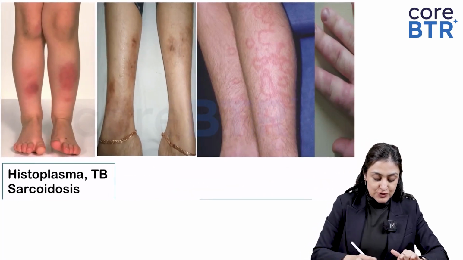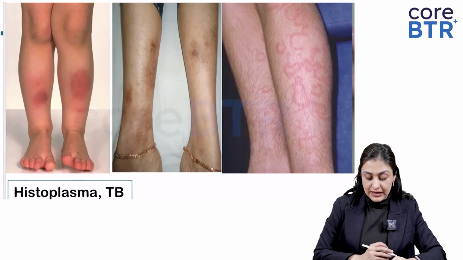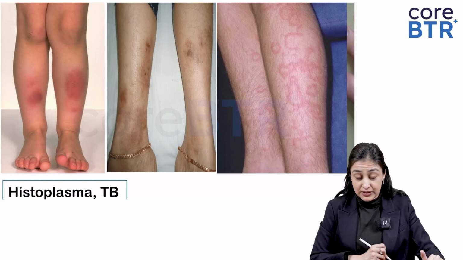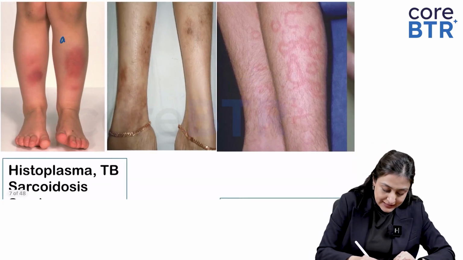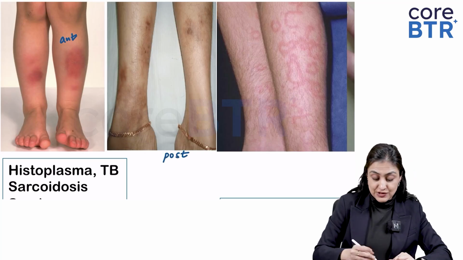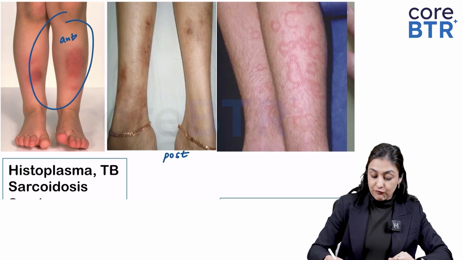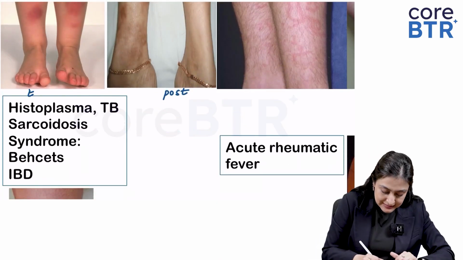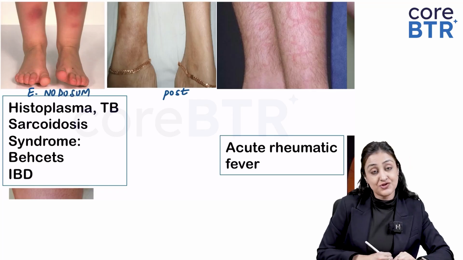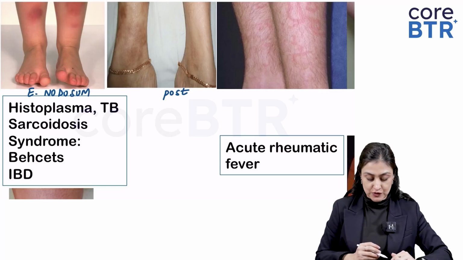So first thing, when you see these nodular lesions on shin, look at these two images. Both are nodular lesions in the shin, right? This one is on the anterior shin, whereas this is on the posterior shin. Let's talk about this one first. What is this? This is erythema nodosum. Everywhere E is going to be erythema, so I'll just write E. Erythema nodosum.